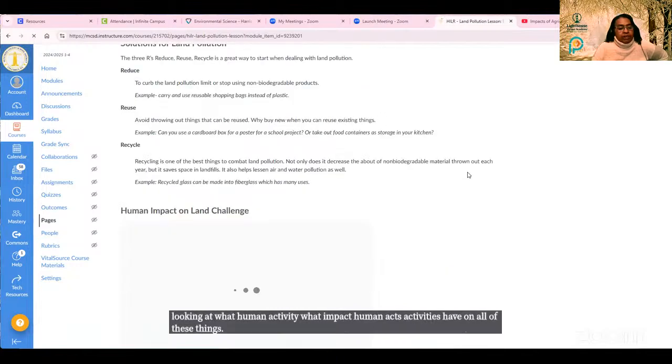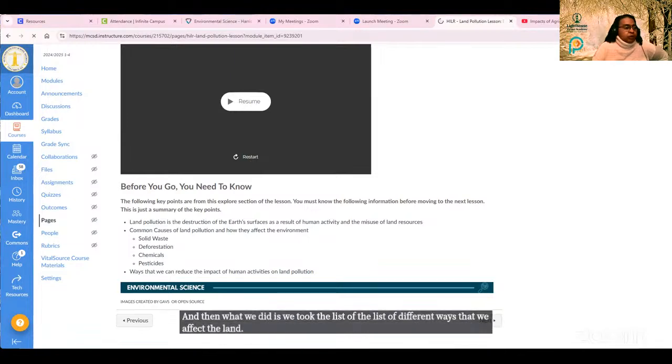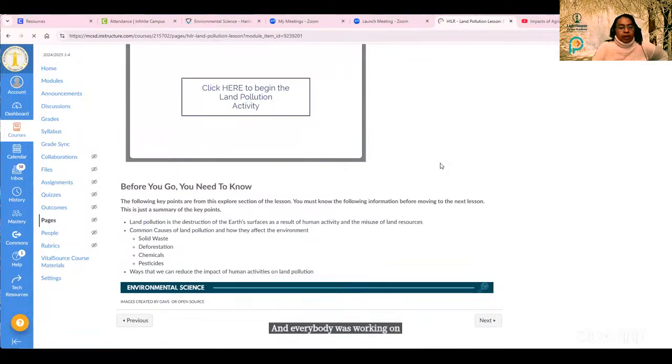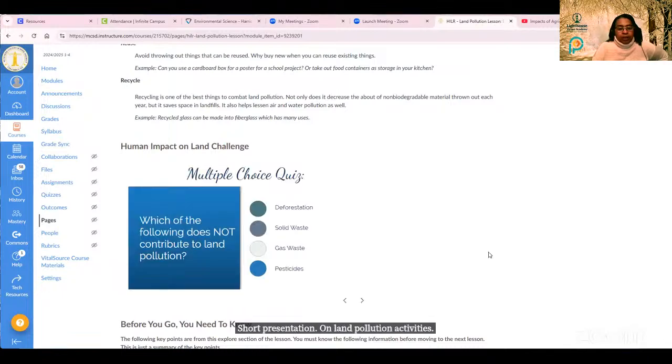And then what we did is we took the list of different ways that we affect the land, and everybody was working on a short presentation on land pollution activities. Okay. So that's what's due today.